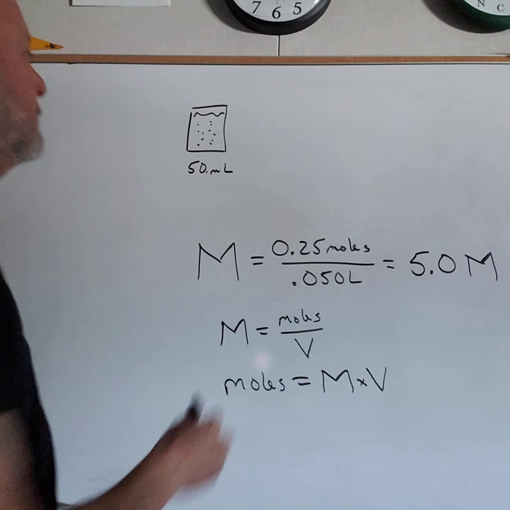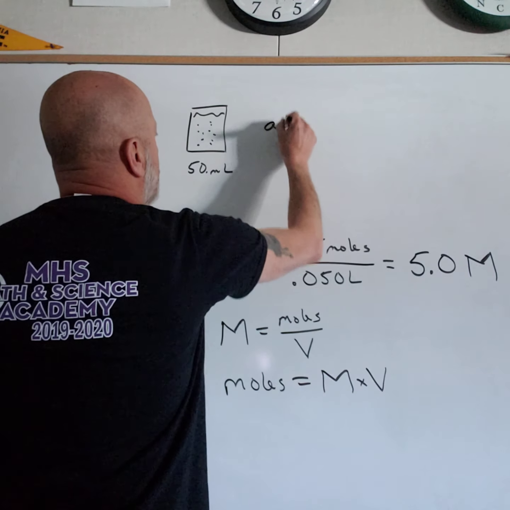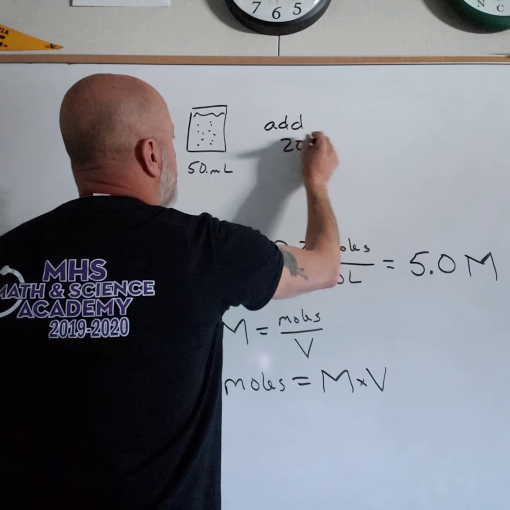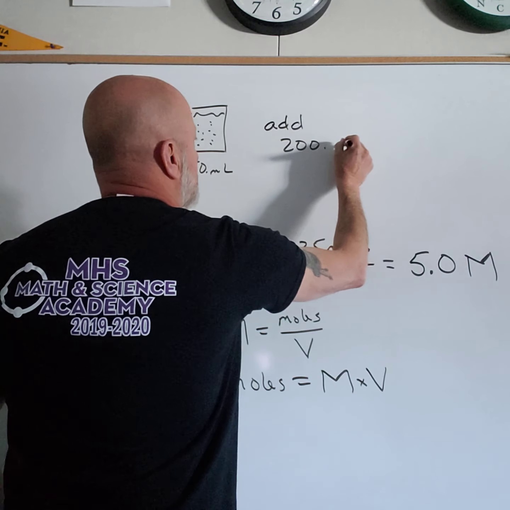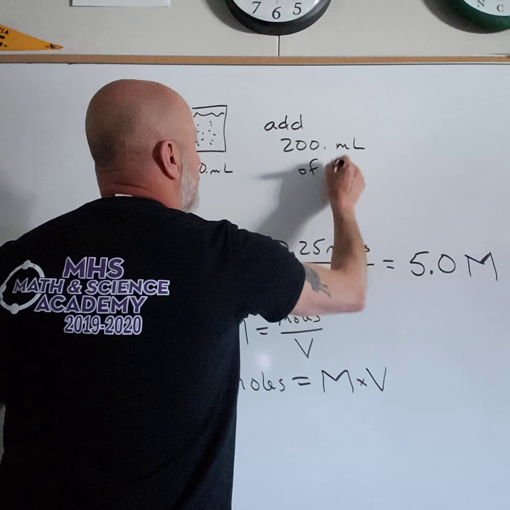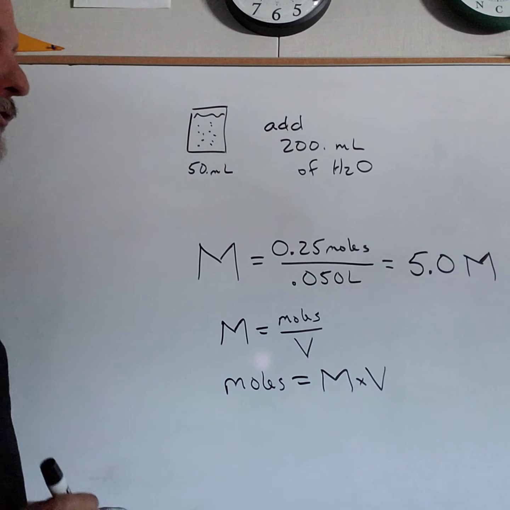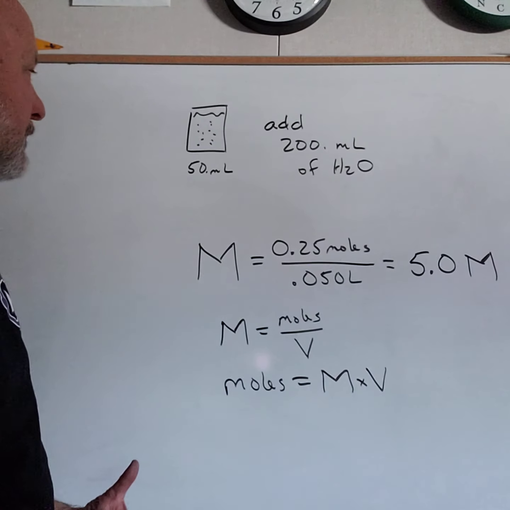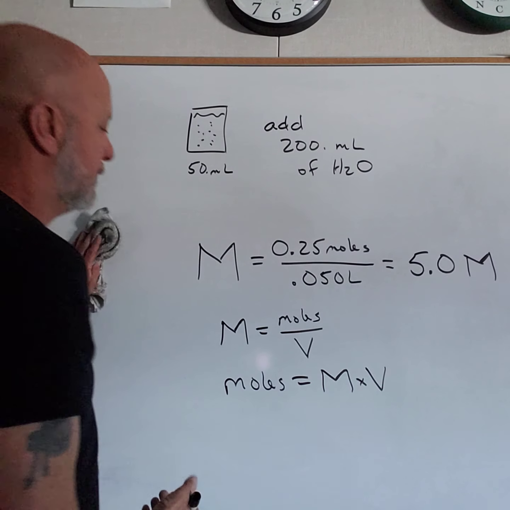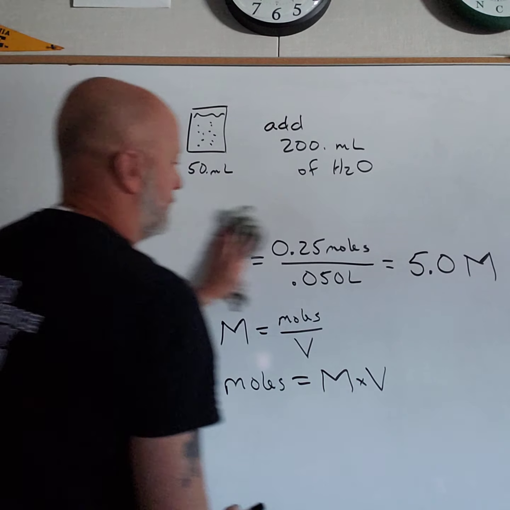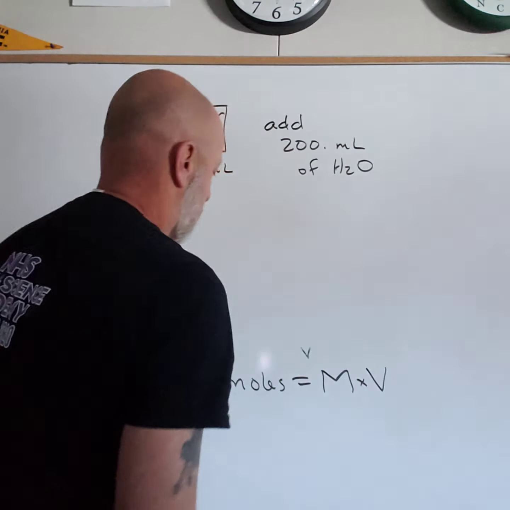So what I'm going to do is add 200 milliliters of water. I'm going to dilute this thing down. Now we're going to use the equation that I developed in the other video.